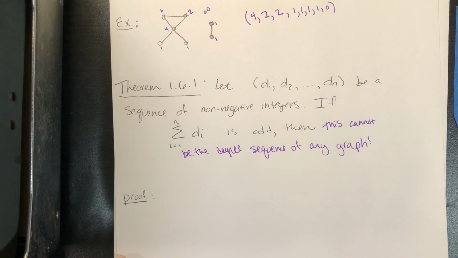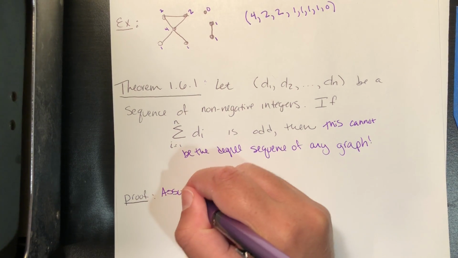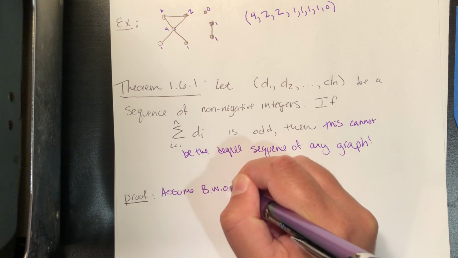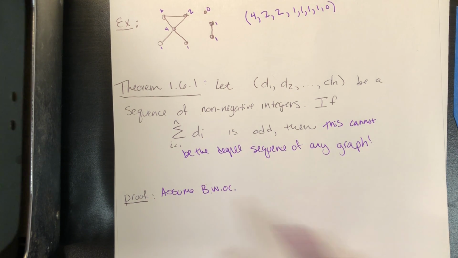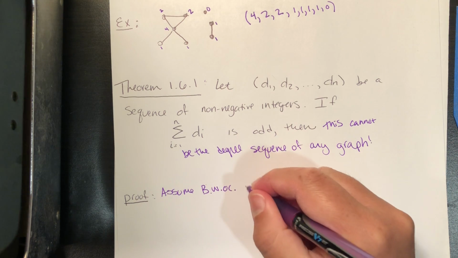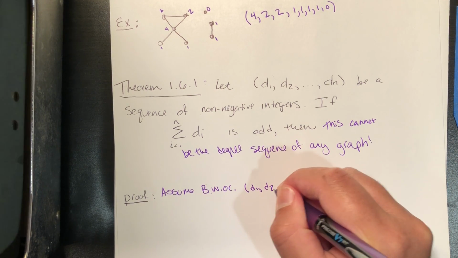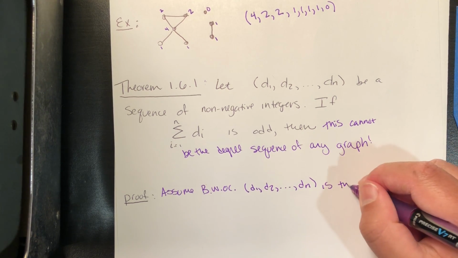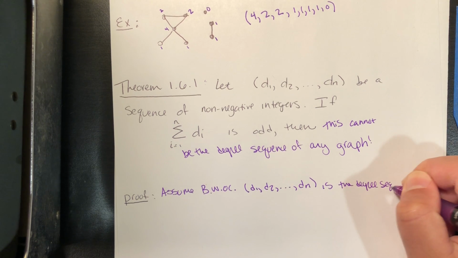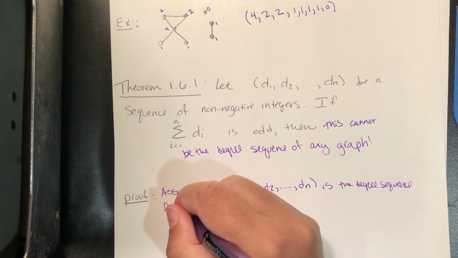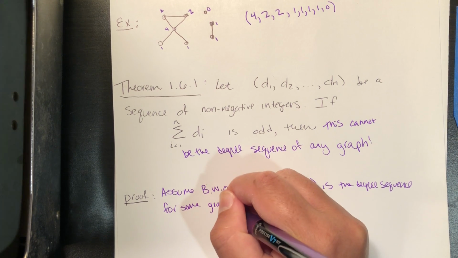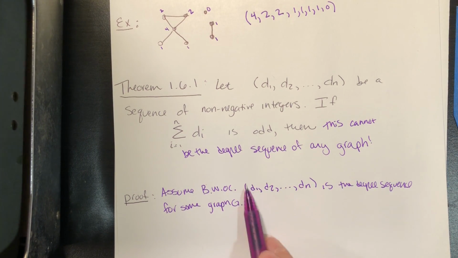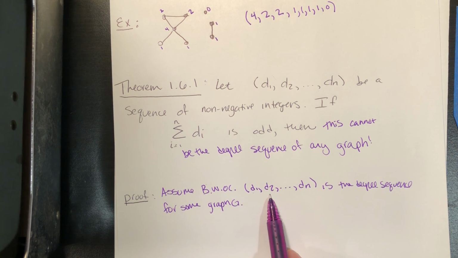So let's assume, by way of contradiction, assume that this sequence of numbers does describe the degrees of some graph G. So suppose it is the degree sequence for some graph G. What that means is that D1 is going to have to be the degree of some vertex V1 in the graph, D2 is going to have to be the degree of some vertex V2, etc.